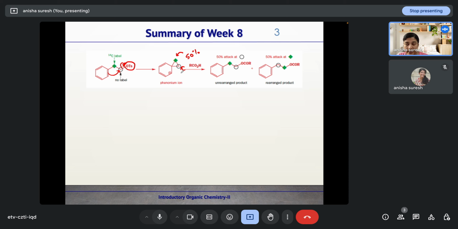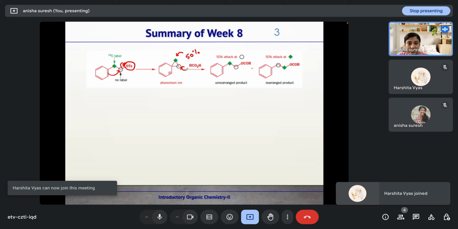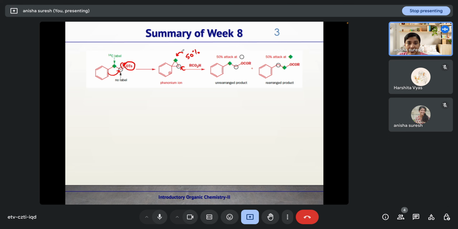So here we can see how rearrangement is taking place. If it is attacking at this position, we get the unrearranged product, and if it is attacking at this position, we get the rearranged product. It will attack at this position and the positive charge will get neutralized.